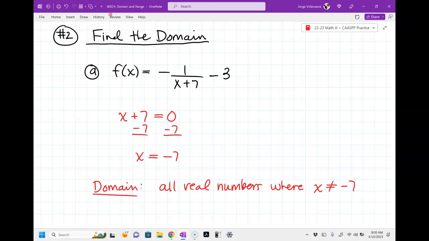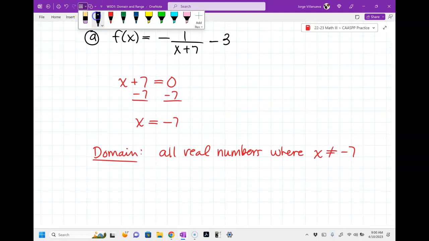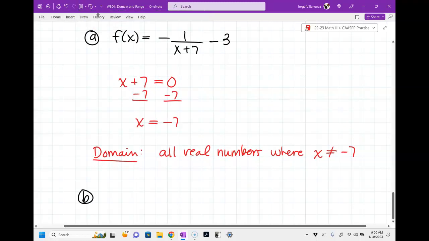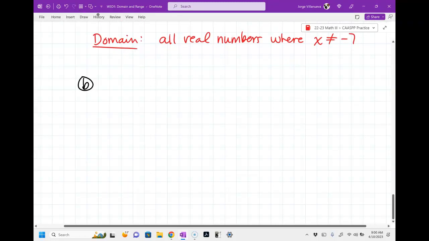Now this is pretty easy. Just look at your denominator and everything's good. The problem is that sometimes they don't look this simple. So let me show you one that does not look that simple. So here's the one that probably looks like the most complicated problem.